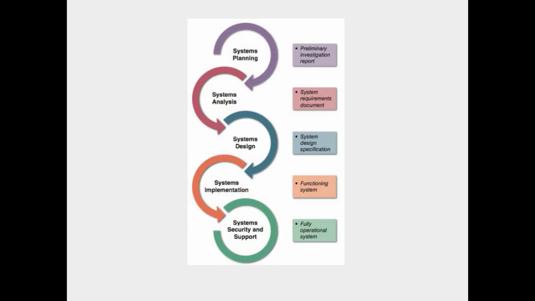Then you have to have a system design specification. When we say system design specification, during this phase, you have to create the physical model. At this stage, you can design things like user interfaces. You can decide what inputs, outputs and processes are needed. And then you can determine the architecture.